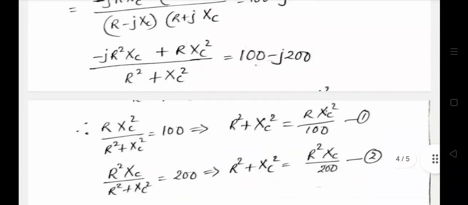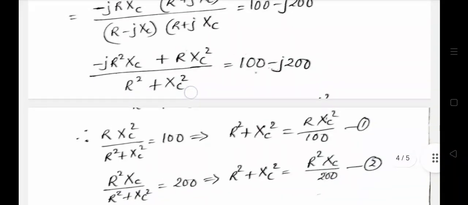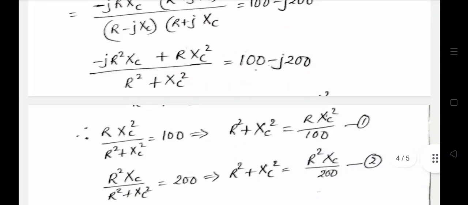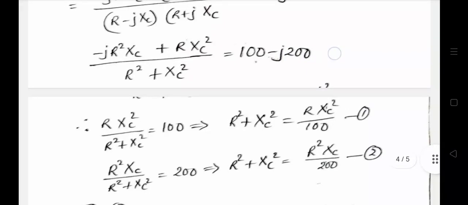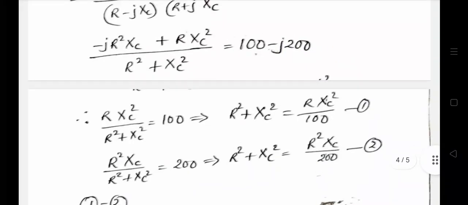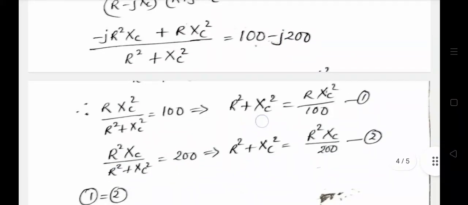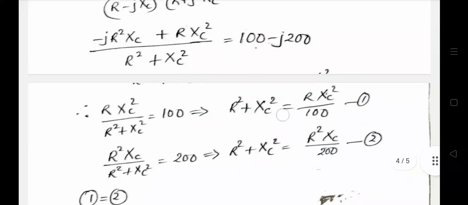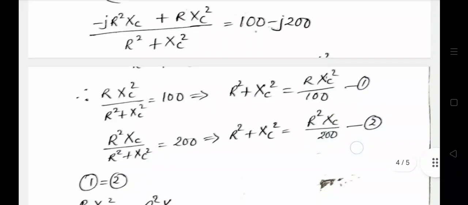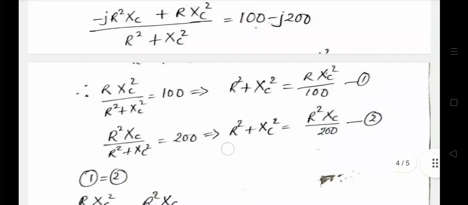Minus j R squared Xc by R squared plus Xc squared is the imaginary term, which we equate to 200. From this we get two equations with R squared plus Xc squared, both equal.